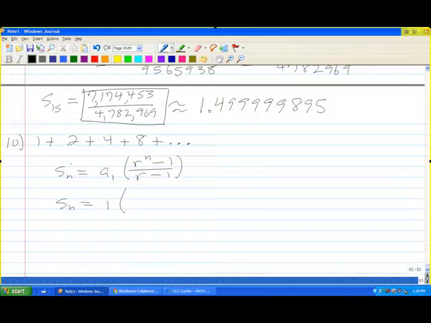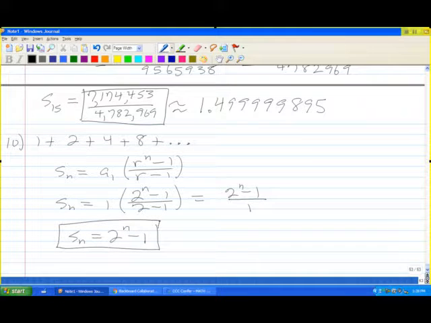R in this case is 2. I keep multiplying each term by 2 to get to the next term. 2 minus 1 is just 1. And so the sum of the first n terms is just 2 to the n minus 1. And that is your answer.